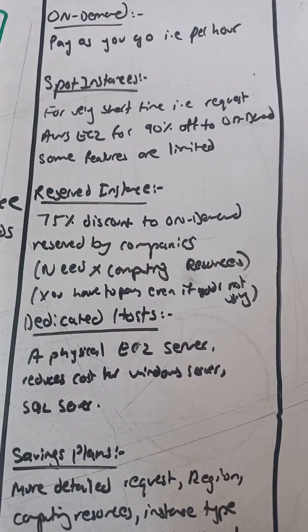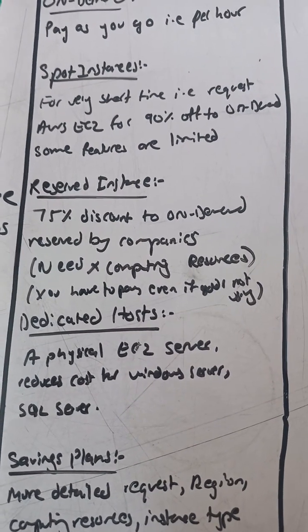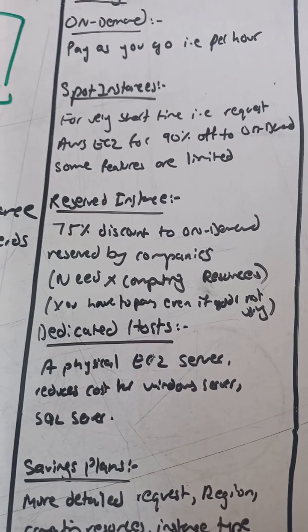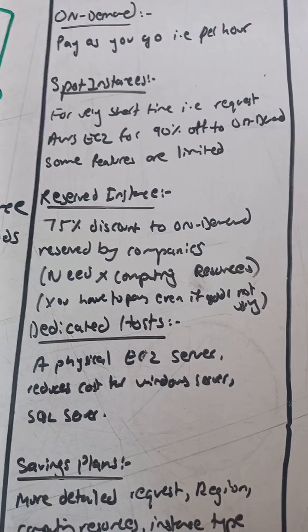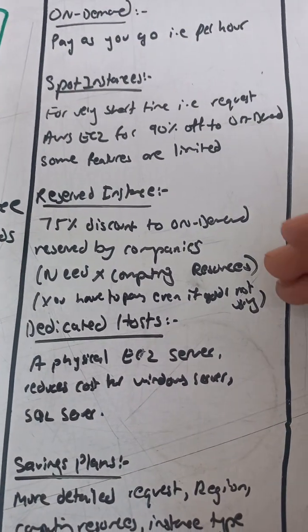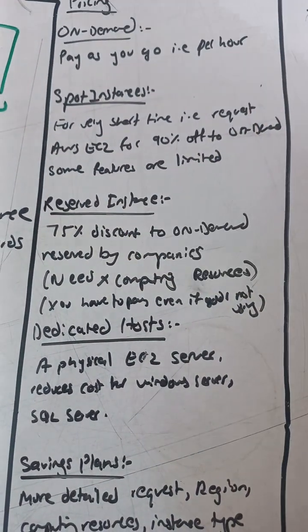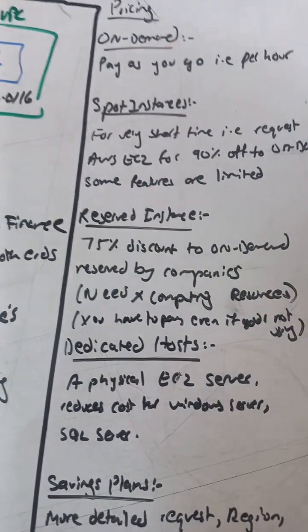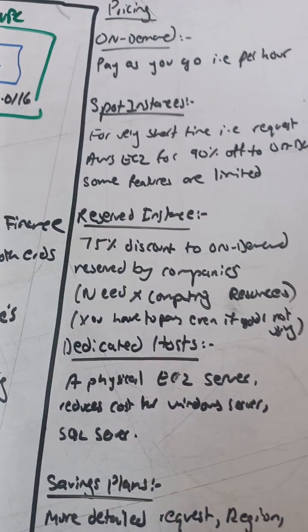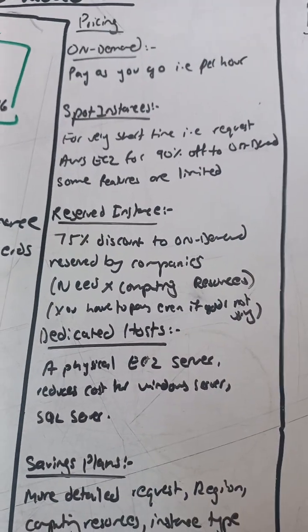And if you plan on using that for 3 hours, then you are still paying for the entire 5 hour runtime. So you have to pay even if you're not using it. In that case, reserve instances do give you a discount, but be sure to use all of the resources that you have reserved it for.